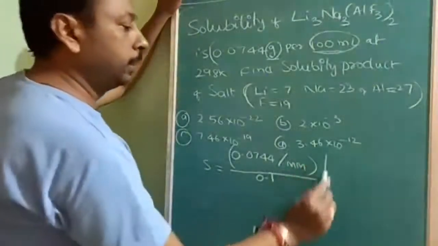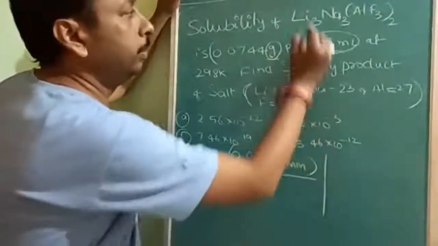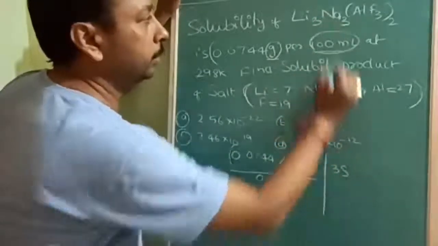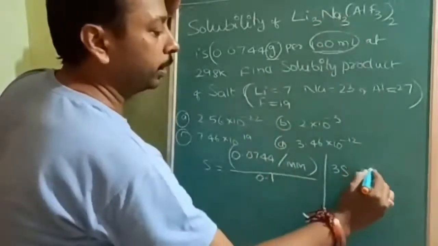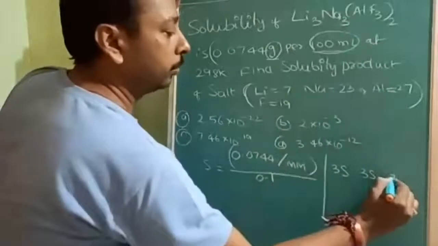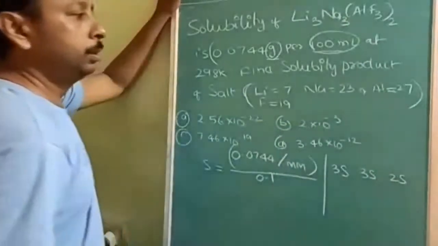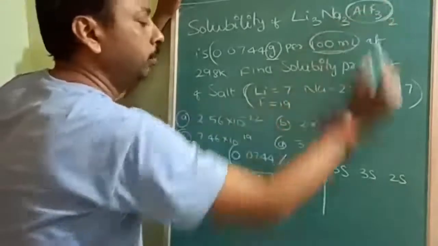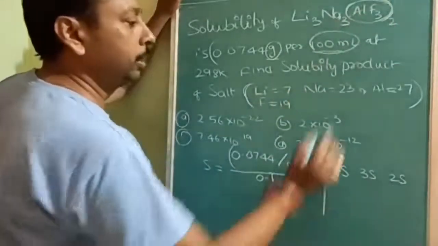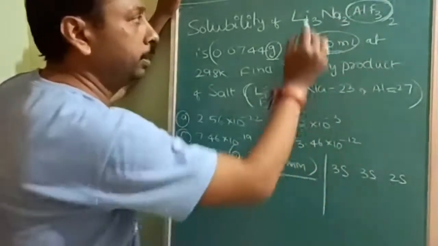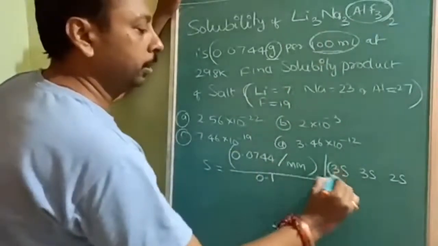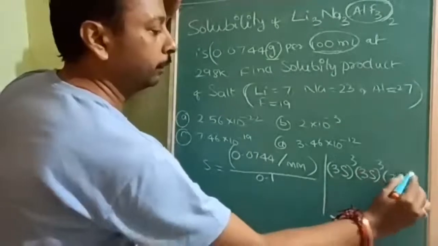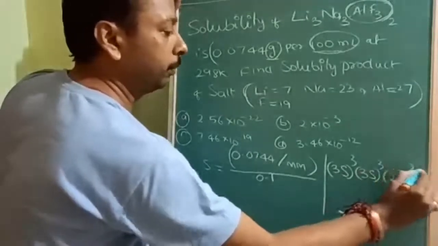Then there is another twist. Here it will be 3s. This lithium will be 3s, and this sodium will be again 3s, and the aluminum fluoride will be 2s. Is it understood? This entire aluminum fluoride will be together. So it is going to be 3s, 3s, and 2s. Ksp is 3s to the power of 3, 3s to the power of 3, 2s to the power of 2.